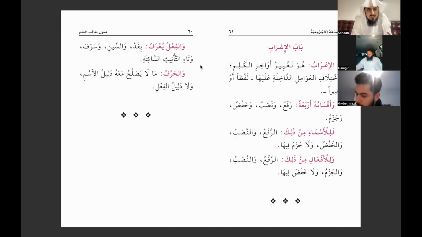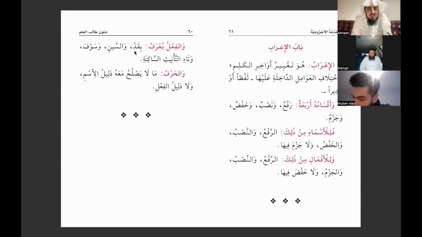You must learn those. Now he tells you والفعل. He's given you certain signs for ism. Now he's giving you certain signs which are fi'l. So these signs only come, and if they come, you must know the word after it or joined to it is a fi'l. The first he says is qad. So the minute you see the word qad, you should know that the word coming after it is a fi'l.